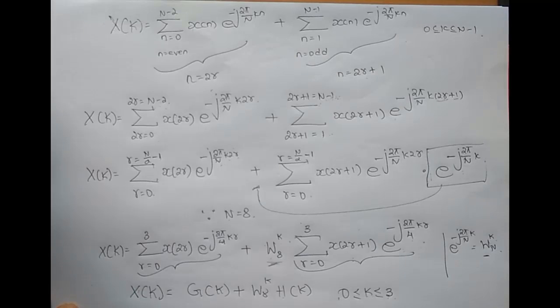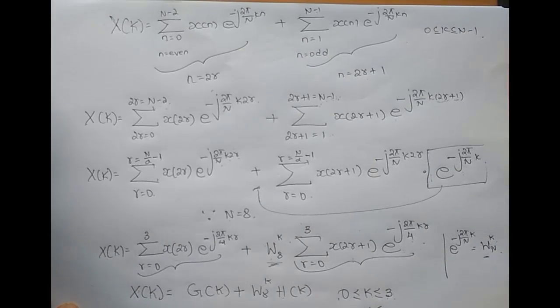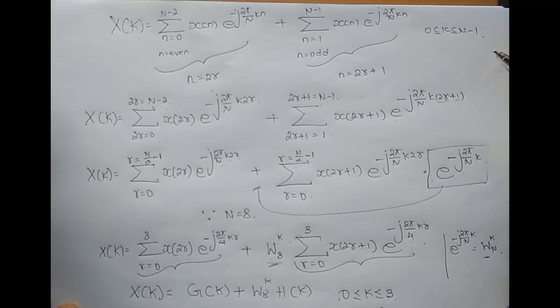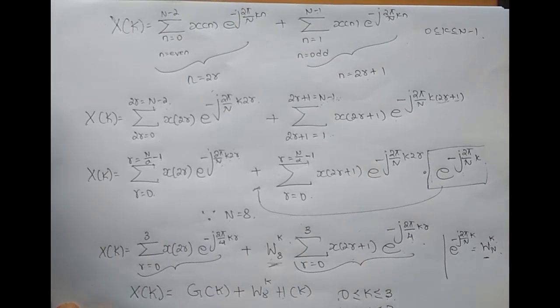Now, since we started with k varying from 0 to 7, a length 8 sequence, but here k is varying from 0 to 3, what happened from 4 to 7?